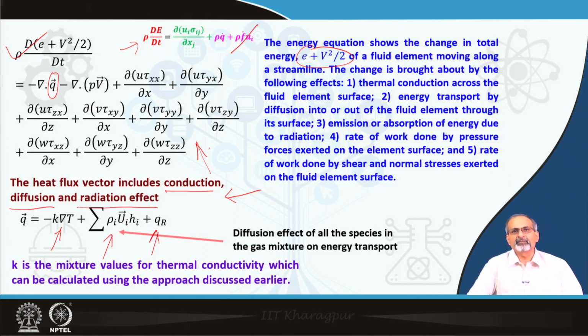The diffusion term, as you can see, includes the effect of all the species in the gas mixture, the way they affect the energy transport, modeled through the summation. k is the mixture value for thermal conductivity, which can be calculated using the approach discussed earlier. If you recall, in the previous lecture we discussed how to calculate the mixture value.